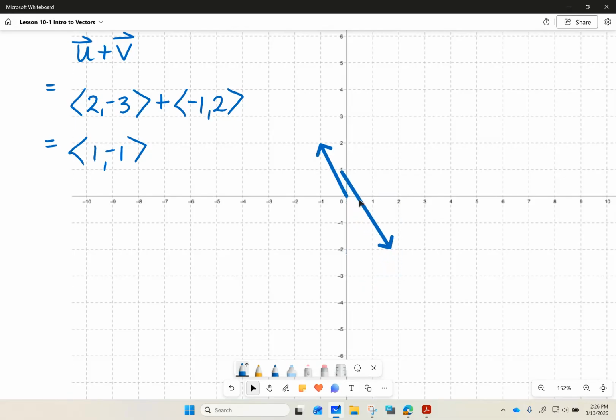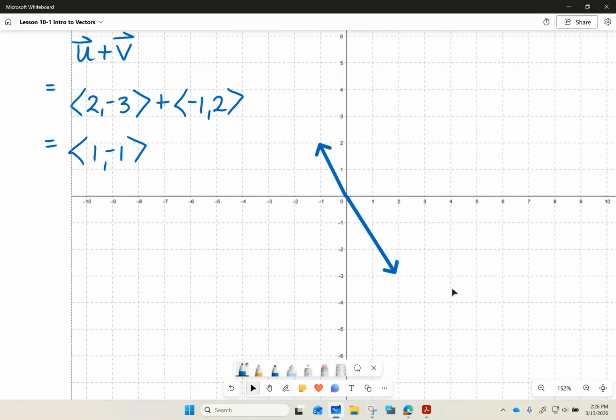I am going to either move that one to right here, right? And so now I have a head and tail matching, or I can move this one and put it right here, and I have a head and tail matching, okay? So whichever one you want to do, you can move, and you're going to end up noticing it's going to be the same answer. Here's what I want you to realize.